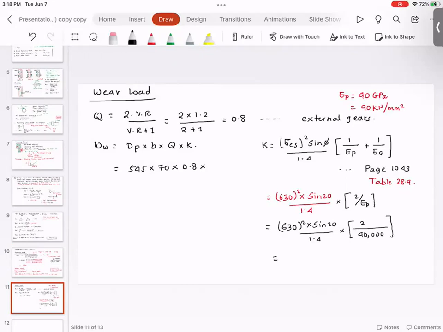What is the value of k? 2.15. And all said and done, what is this value?